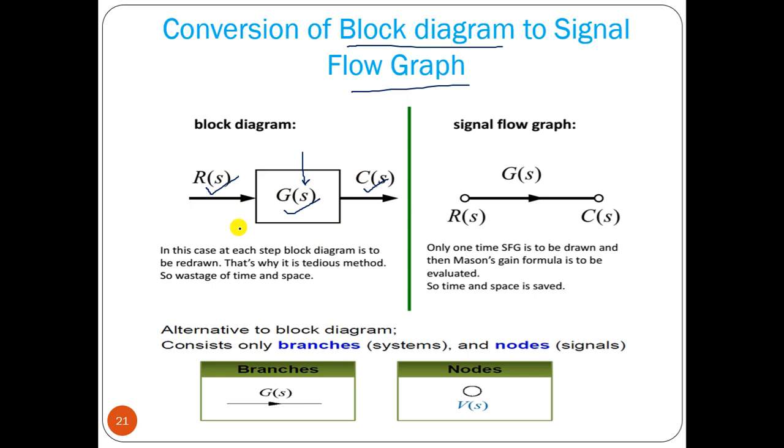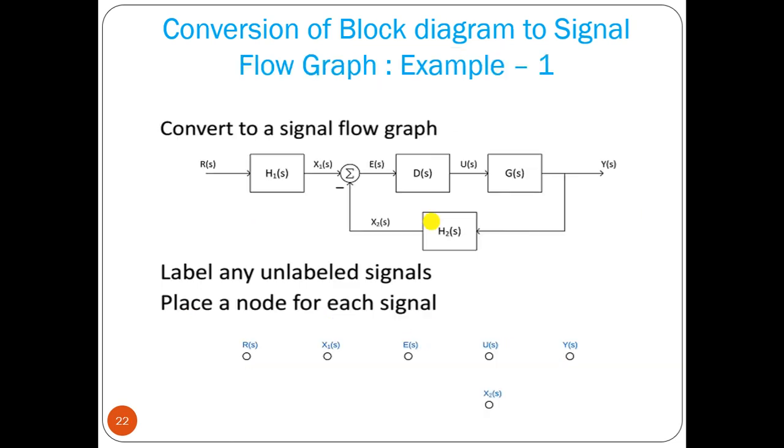If you want to convert that into a signal flow graph, the transfer function represents the gain of the branch, and the signals become the nodes. Signals become the nodes and the transfer function becomes the gain. That's all; this is the way you have to do it.